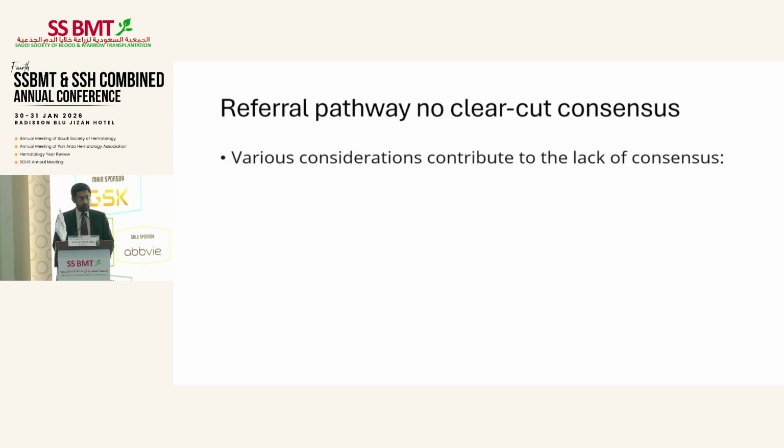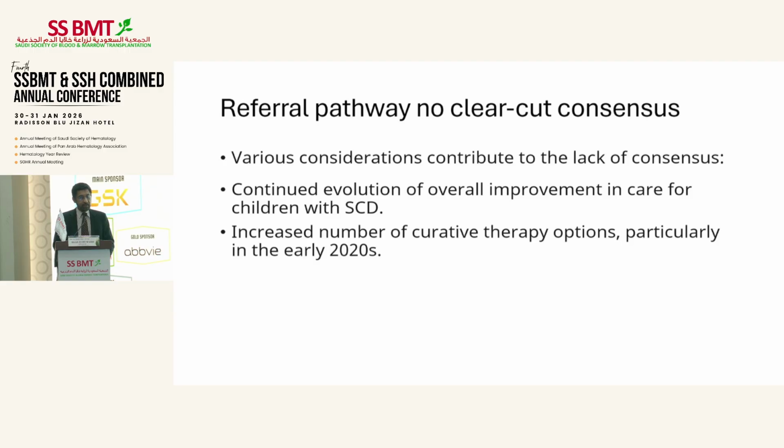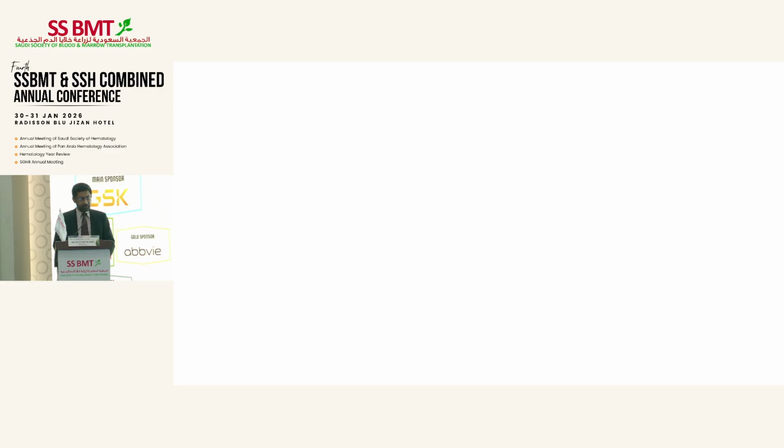For the referral pathway, there is no clear-cut consensus. There is continued evolution of overall improvement in care for children with sickle cell disease, and an increased number of curative therapies in the 2020s, in addition to hydroxyurea. However, the median lifespan of a sickle cell patient still remains at 48, even in the best health care systems.